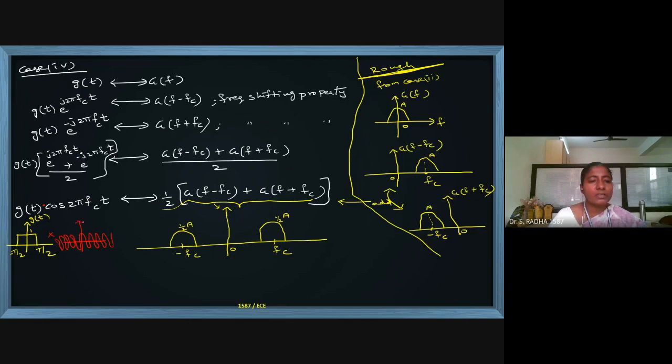This is cos 2 pi fct. After multiplying, both of these are multiplied in time domain. This right side waveform is in frequency domain and the Fourier transform is applied.